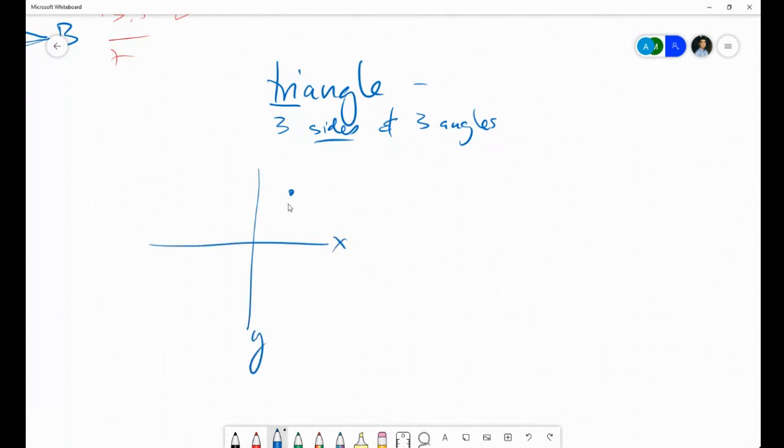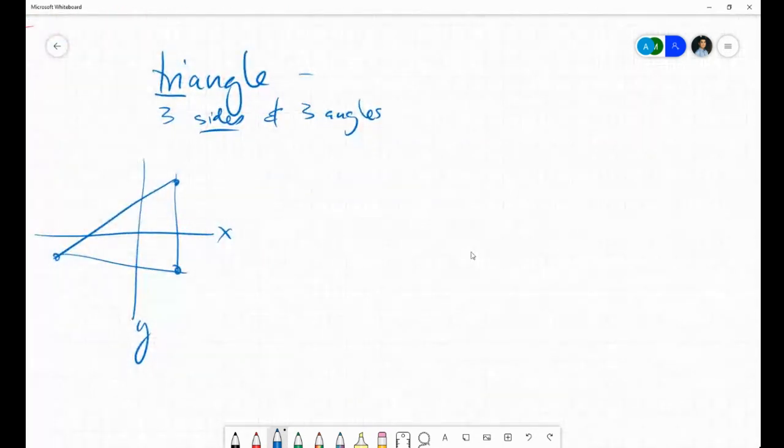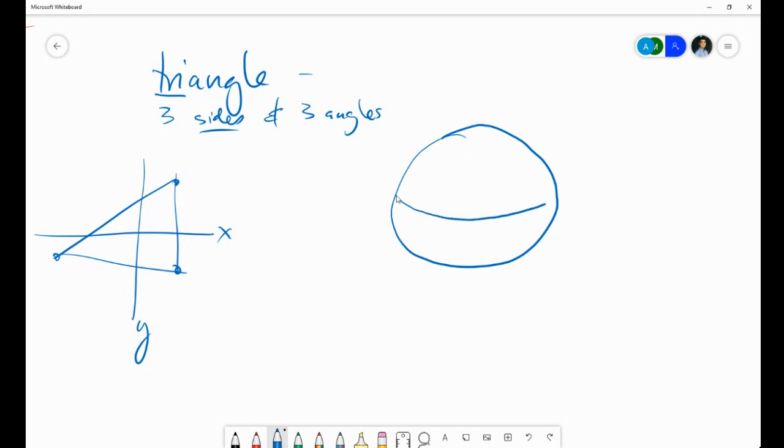You have a point here, and of course, you can create a triangle like this, right? Later on in the semester, you're going to learn something that resembles this. I want you to imagine the Earth. Here's the Earth, here's the equator, and here's the longitude to the North and South Pole.